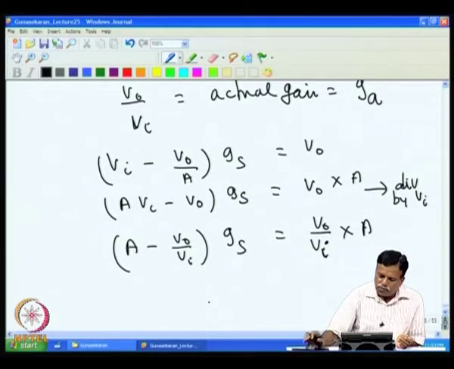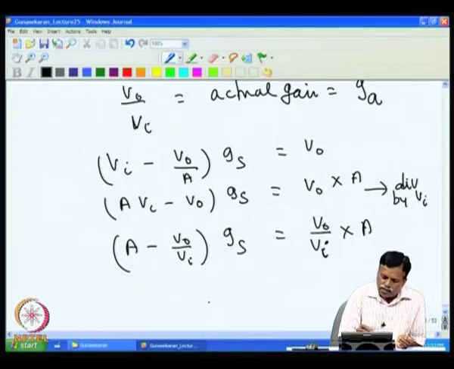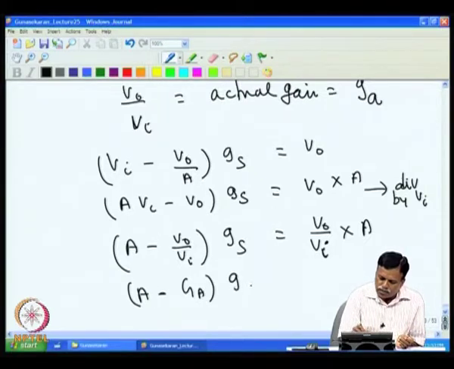So, we can now put V0 by VI as the actual gain. So, A minus G actual into Gs comes as G actual into A.